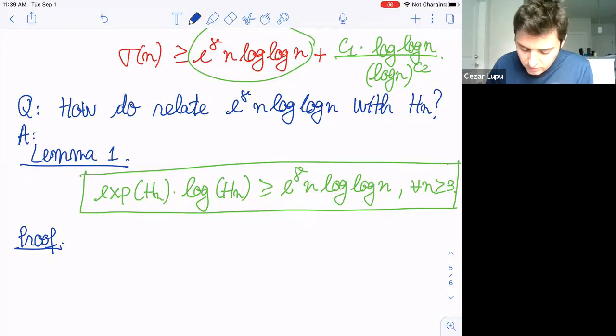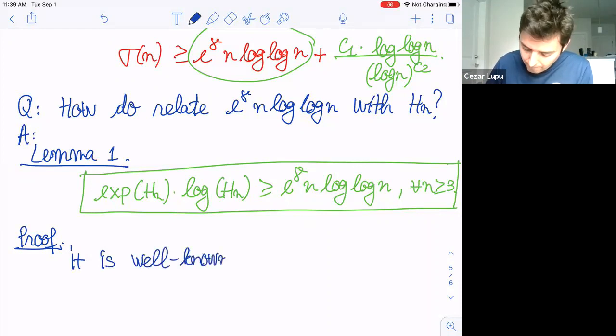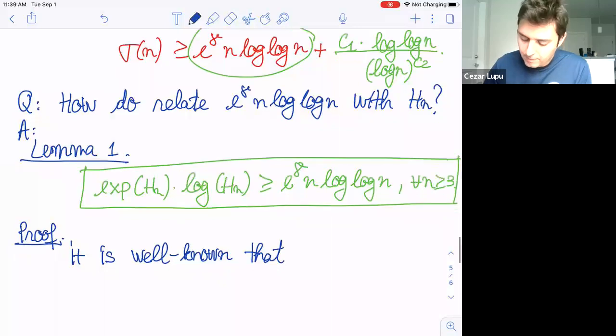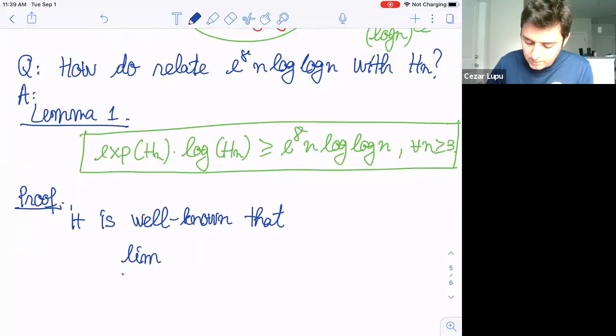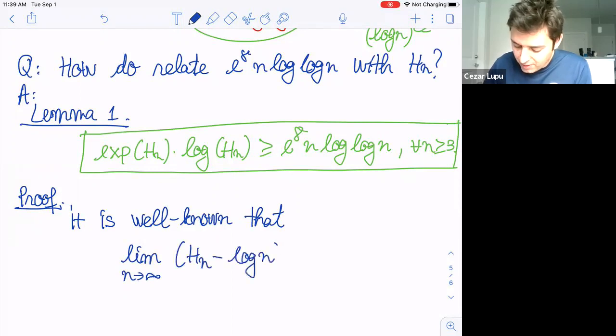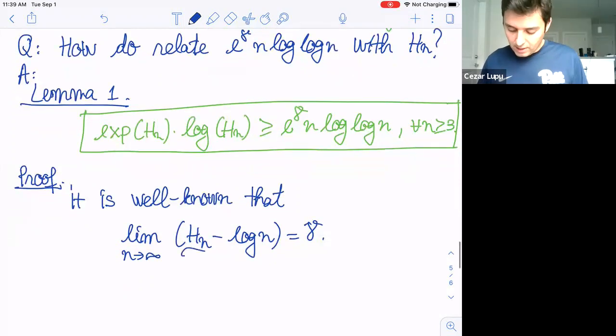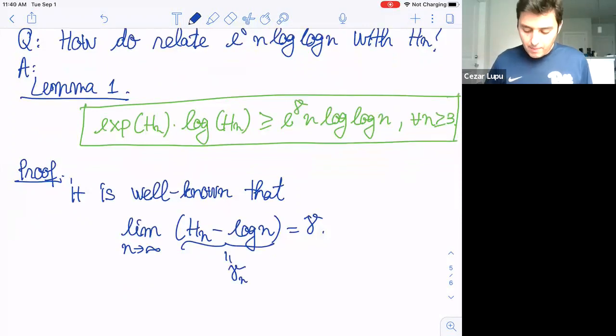Also, we have this result. Let's say it is well known that the limit of Hn minus log n is gamma, and this is a very good preliminary exam problem. One can prove that this sequence, let me call this gamma n, converges to gamma. Well, it's bounded, it's between 0 and 1.